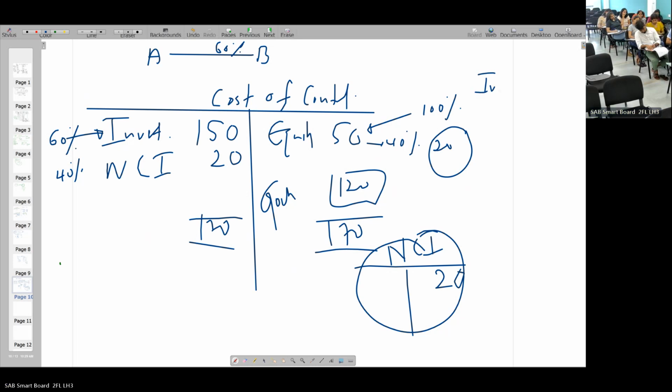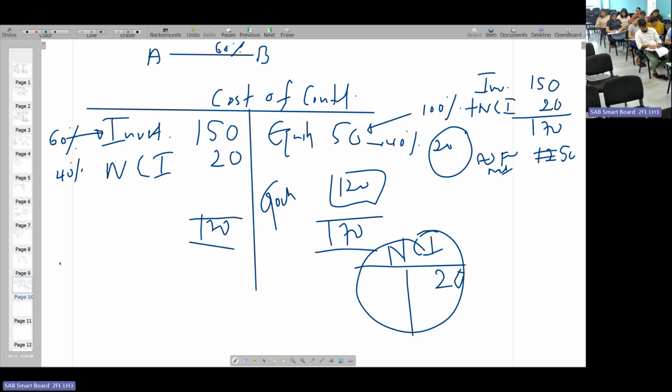Investment 150. You should add NCI, here 20. So 170 minus fair value of net asset 50. 120 is our goodwill.